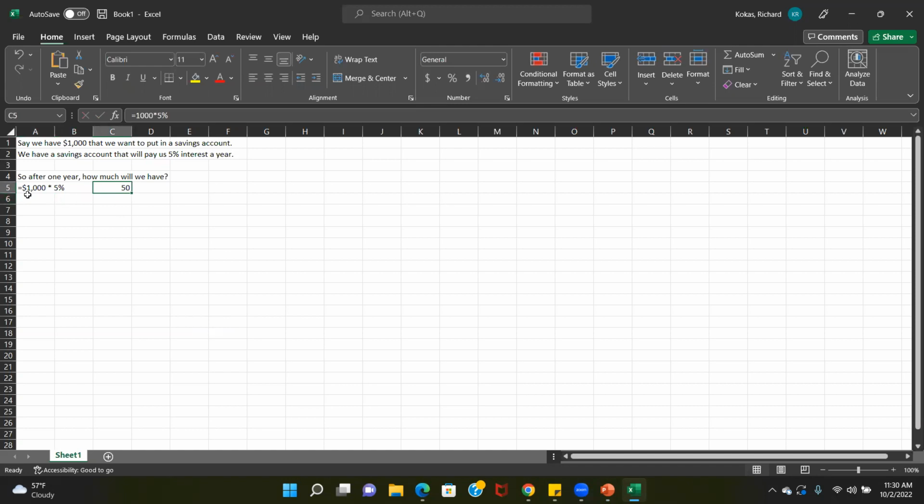Then if we need the total, we take the original investment plus the interest: the original $1,000 plus the $50 equals $1,050. After 1 year, that's how much we will have. That's called simple interest. It's straightforward.